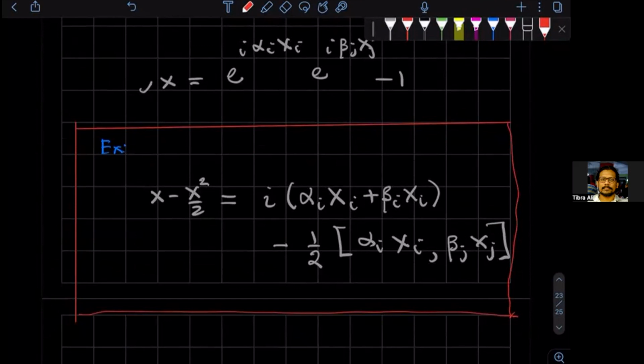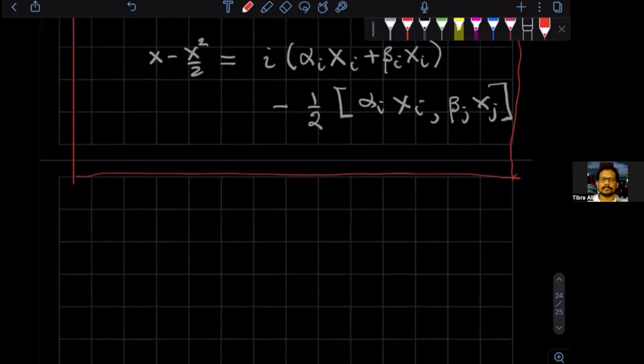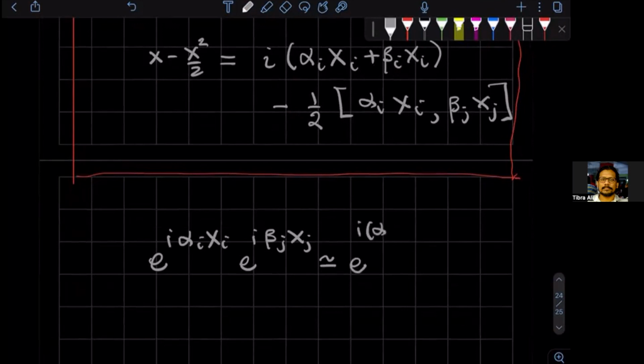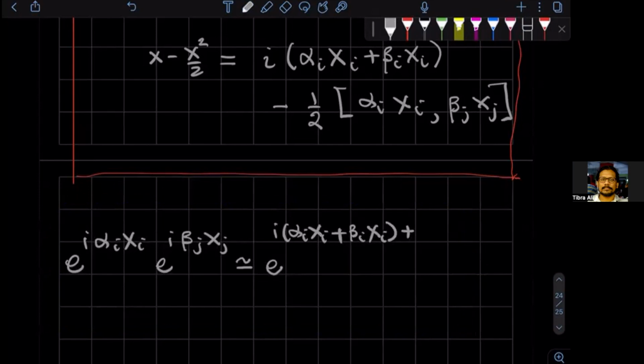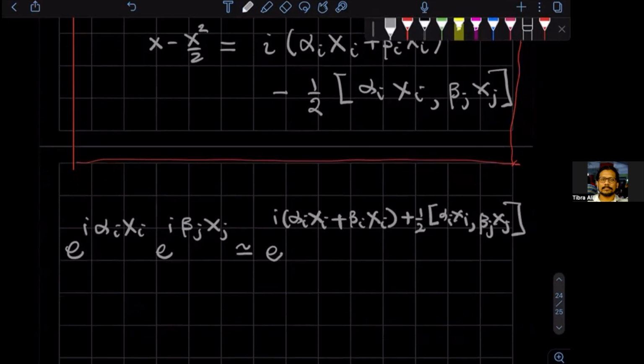Okay, so this means that up to second order, we can write e to the power i alpha_i xi_i, e to the power i beta_j xi_j, approximately equal to e to the power i (alpha_i xi_i plus beta_i xi_i) plus a half commutator of alpha_i xi_i, beta_j xi_j.